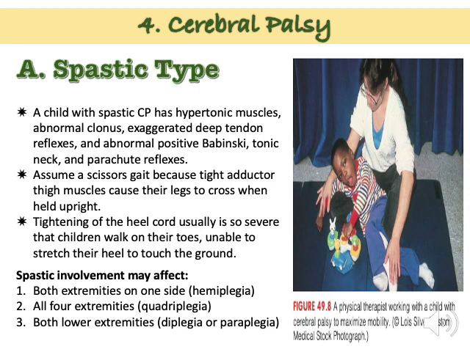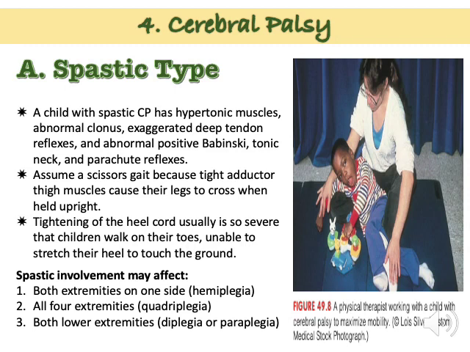A child with spastic CP has hypertonic muscles, abnormal clonus, exaggerated deep tendon reflexes, abnormal positive Babinski, tonic neck, and parachute reflexes. Continuation of neonatal reflexes well past the age at which these usually disappear is usually seen.